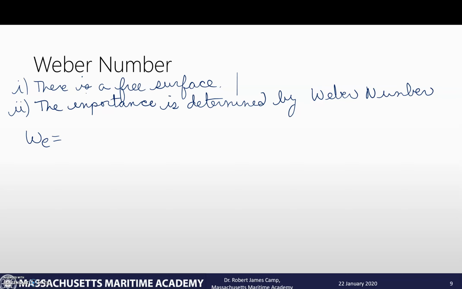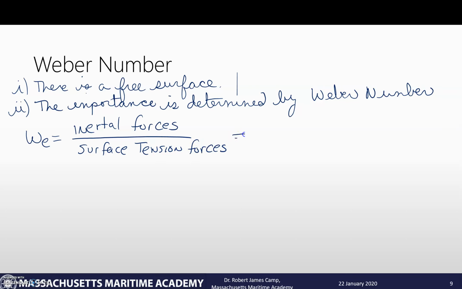Now, where the Reynolds number was looking at the inertia forces versus the viscous forces, Weber's number is looking at the inertia forces. But instead of comparing them to the viscous forces, they're going to compare them to the surface tension forces. And so we can use this to figure out whether or not we have to worry about surface tension.